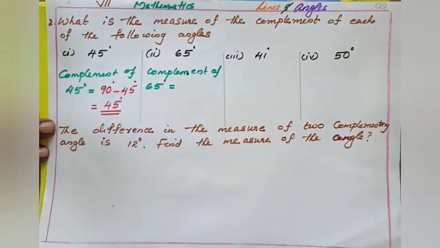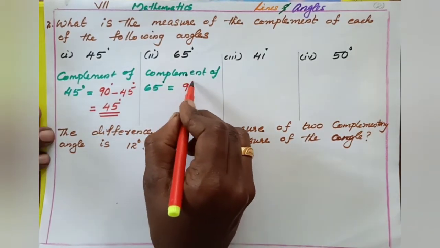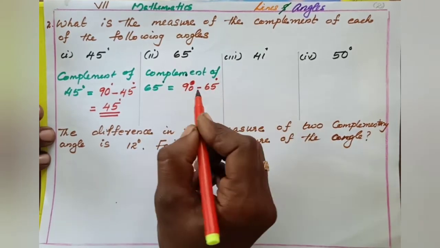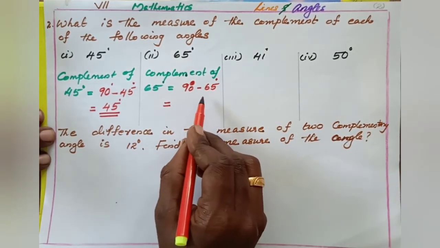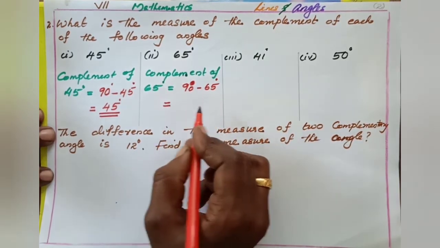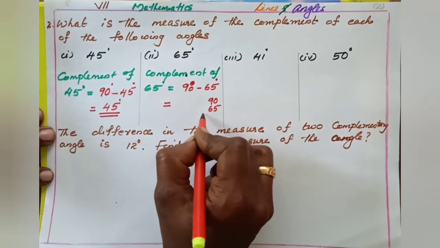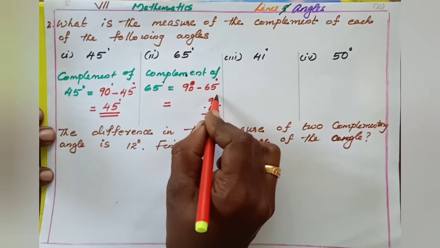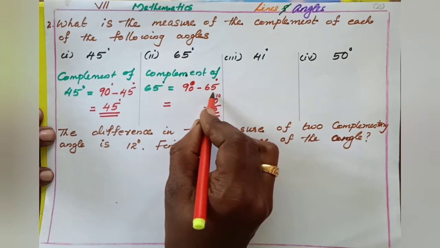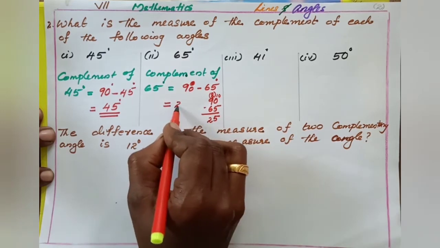So 90 degree minus 65 degree. 10 minus 5, 5. 1 here remaining 8. 8 minus 6, 2. So 25 degree.